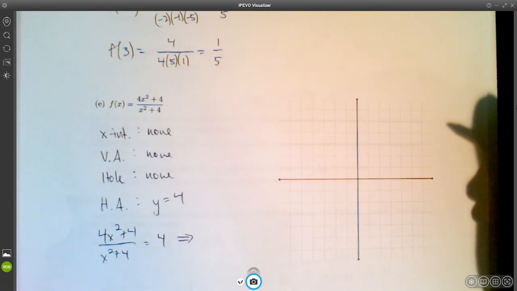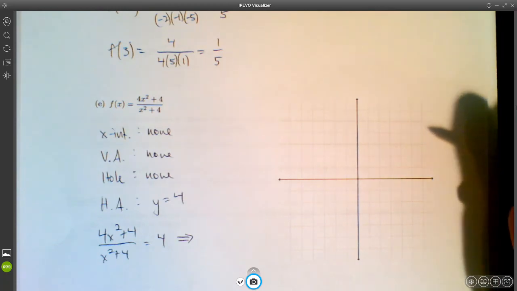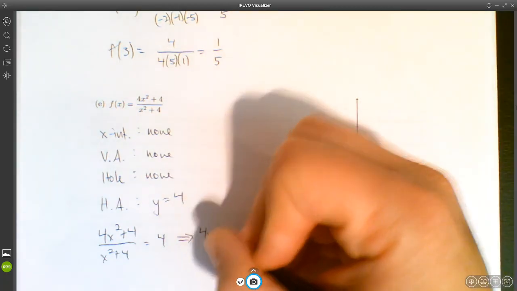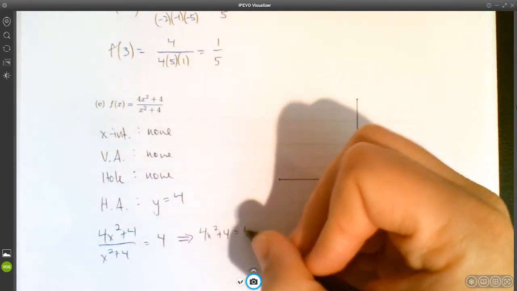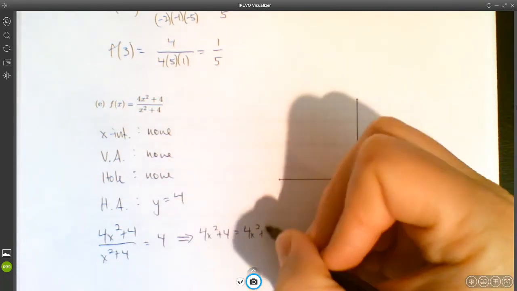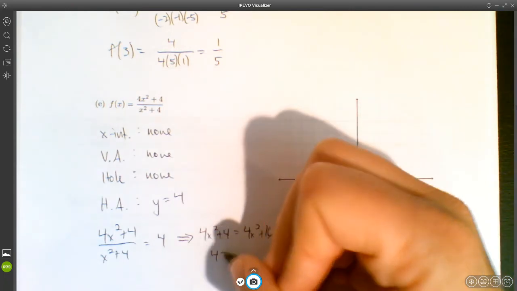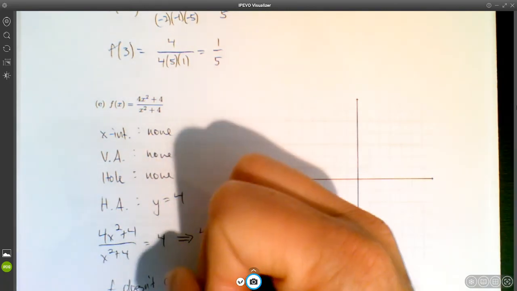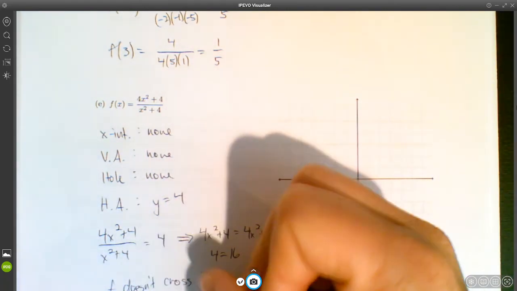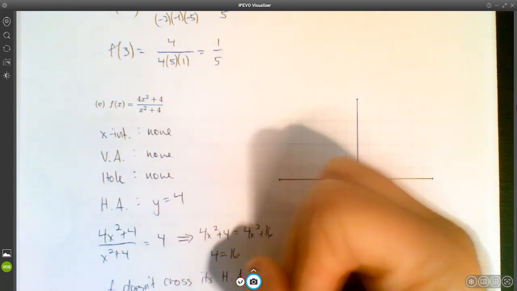If I set the function equal to its horizontal asymptote, then I get 4x squared plus 4 equals, when I multiply this, 4x squared plus 16. Ooh, so that says 4 equals 16. So f doesn't cross its horizontal asymptote. Oh, this is interesting. So f doesn't cross this.